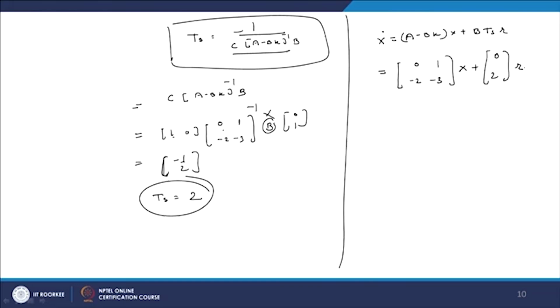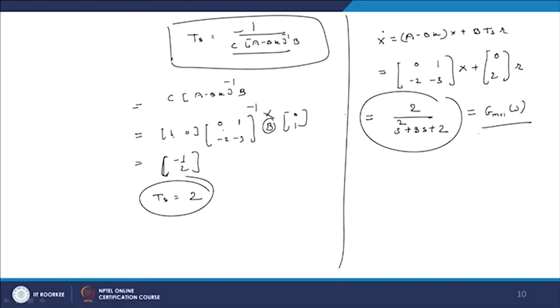If you solve this, we find that the modified transfer function, called G modified CL of s, is 2 upon s square plus 3s plus 2, since for this problem y equals [1 0].